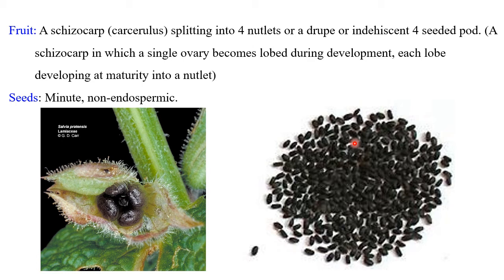The seeds soak the water and get enlarged, and that is used to drink when there is more generation of heat in the human body, and to control that these kinds of seeds are used. So you can visualize how the seeds of this family look. They are minute and non-endospermic.